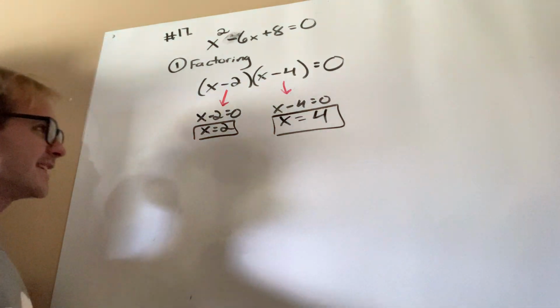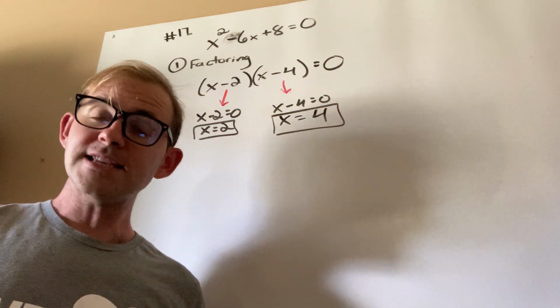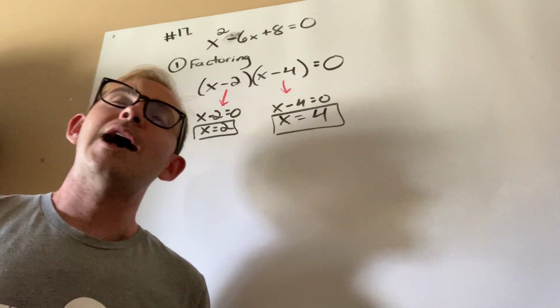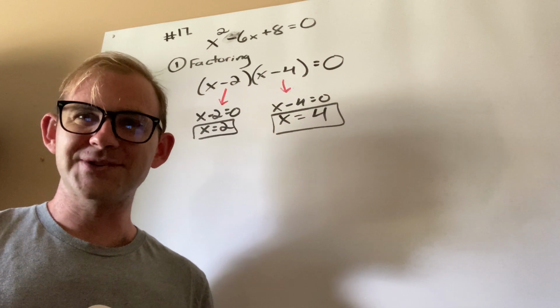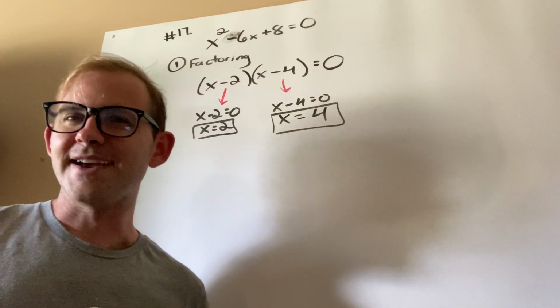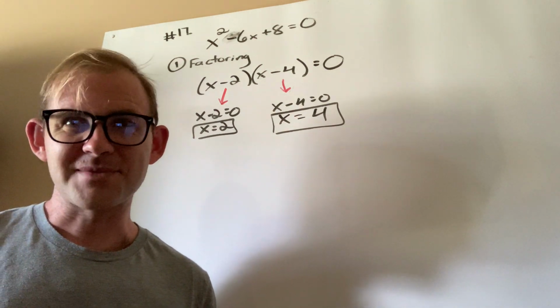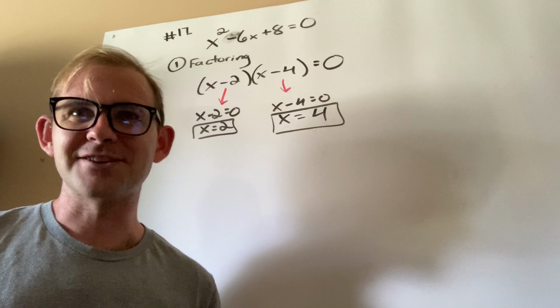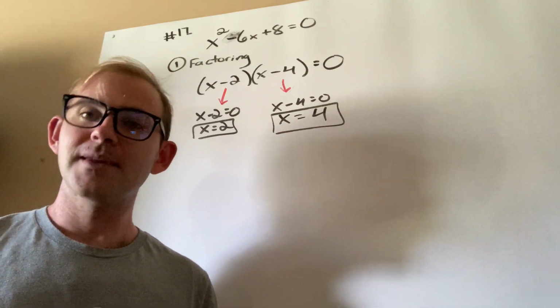Isn't that nice? So factoring is actually a pretty easy method to use. However, it has one fatal weakness, and that's that not every quadratic can be solved using factoring. So it's nice if it works, but sometimes it doesn't. You might end up being really sad if you sit there for 20 minutes trying to factor the thing and it turns out it's not factorable.